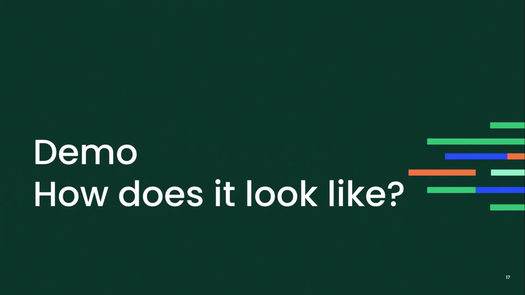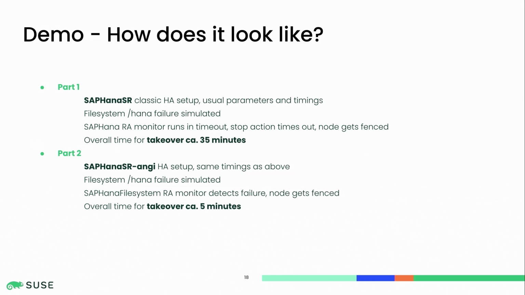So now it's demo time. We have prepared 2 videos. The first one shows a file system outage on an old cluster. So this is what you have to expect if you run with your running cluster today in this problem.